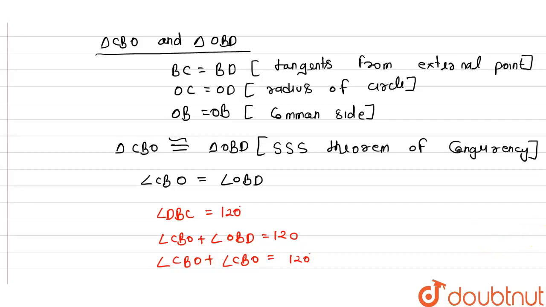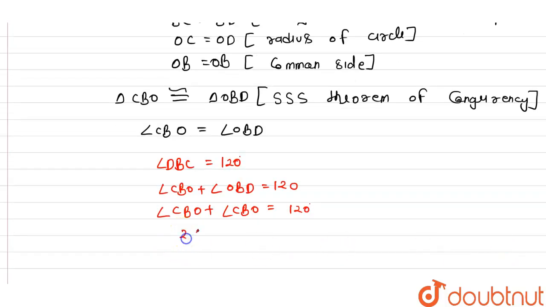When we simplify this, 2 angle CBO equals 120 degrees, so angle CBO is equal to 60 degrees.